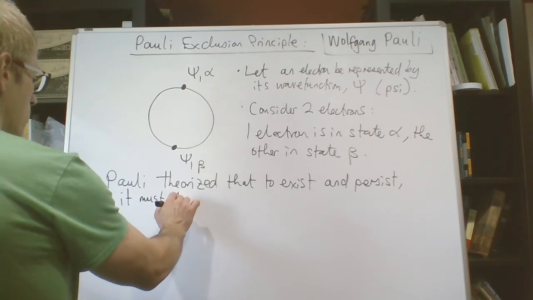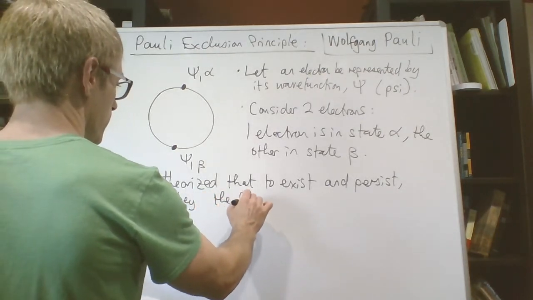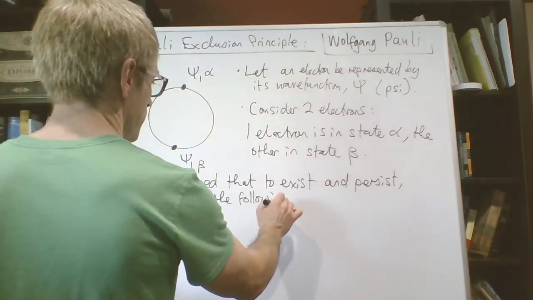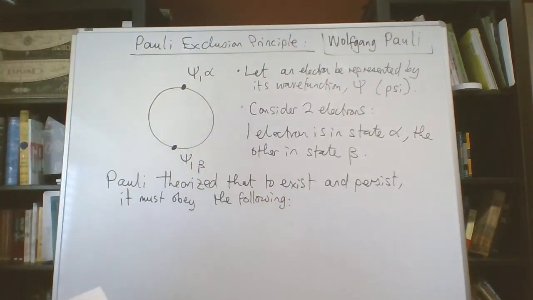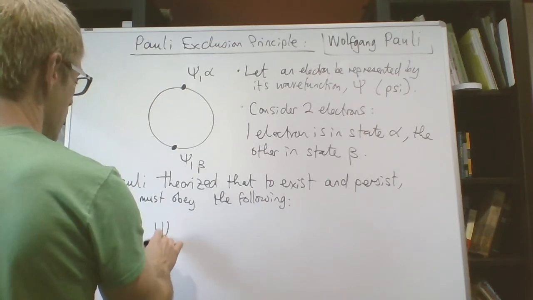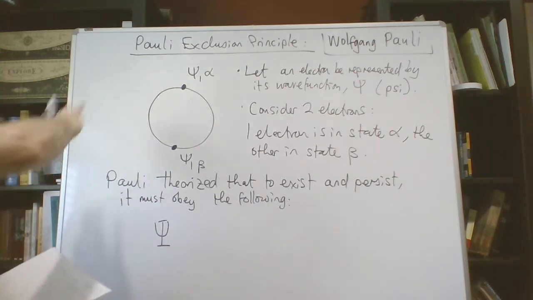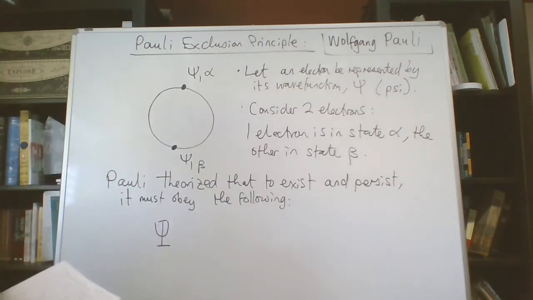it must obey the following. So the whole system has an uppercase psi. So the capital psi is going to be the sum of all of the psi's. So this whole system is uppercase psi.